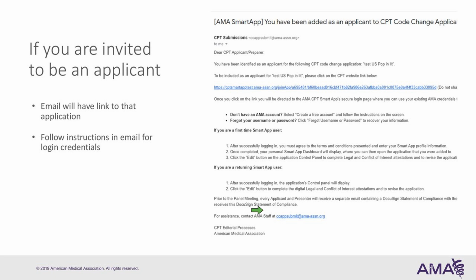That goes right to the CPT team. There's a staff of 4 people here at AMA who monitor anything that goes on with the Smart App, and we're here to really make this better for you. So if you have a question about any part of the process, any part of the application technology, please use that email box, and we track those to make sure that they're answered and answered in a timely manner. So that's kind of a key email address to have.